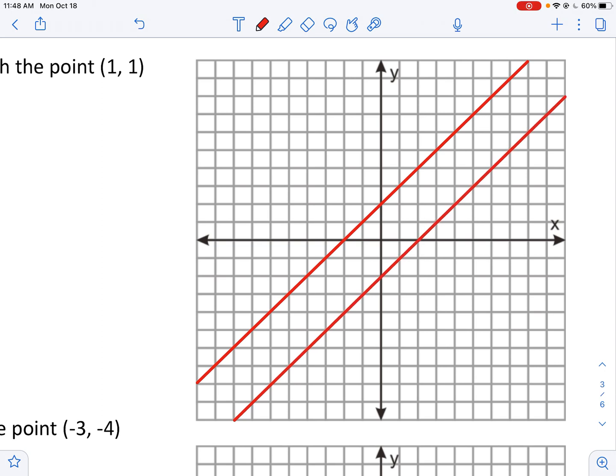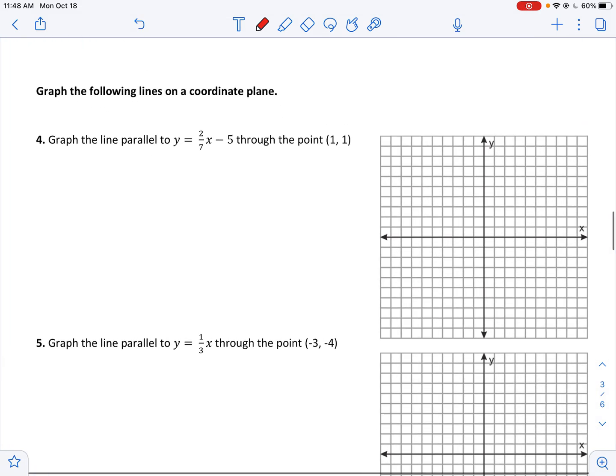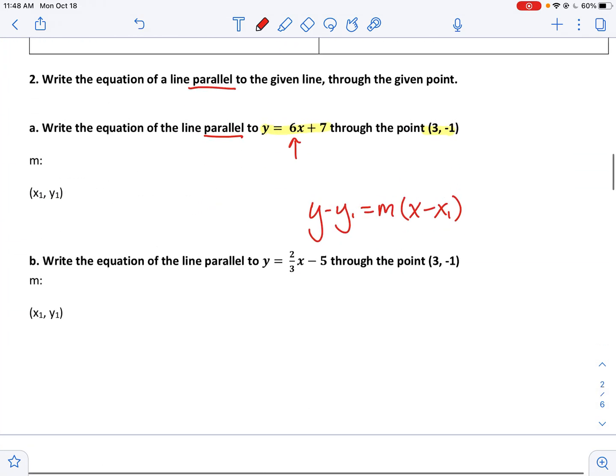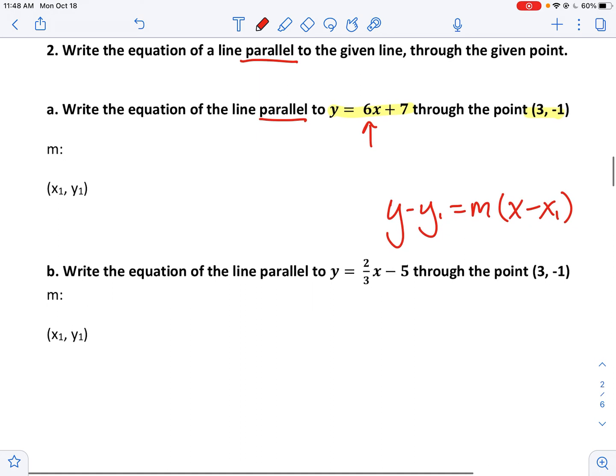And their slopes, their steepness, are the same. So parallel slopes are the same, which means that this new slope is also going to be 6, or 6 over 1. And my x1, y1, I'm going to take from the given point, is 3, negative 1.